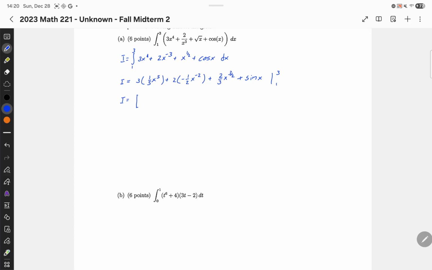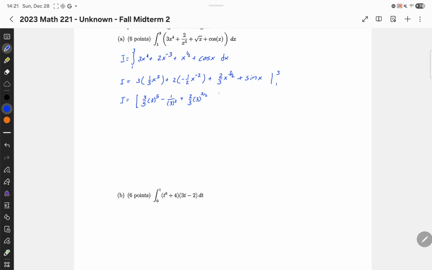So when we put in 3, this first bit turns into 3/5 times 3 to the 5th, right? Plus this 2 divided by 2 is going to turn into a 1, and of course we have a negative out front, so we'll subtract 1 over x squared, which is 1 over 3 squared. And then we're going to add to this 2/3 times 3 to the 3/2.